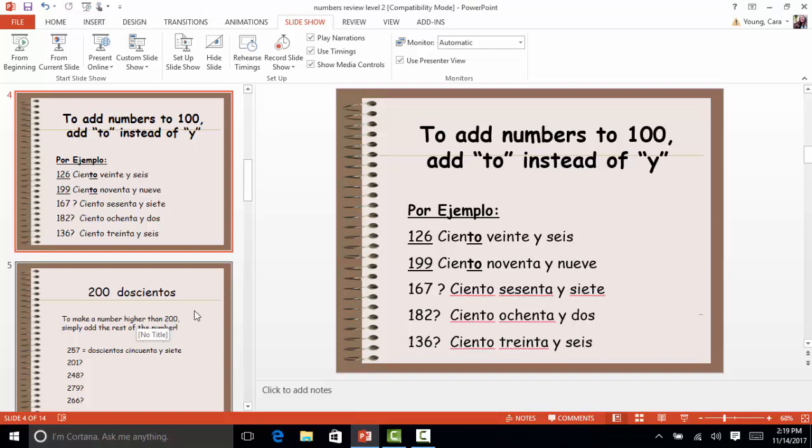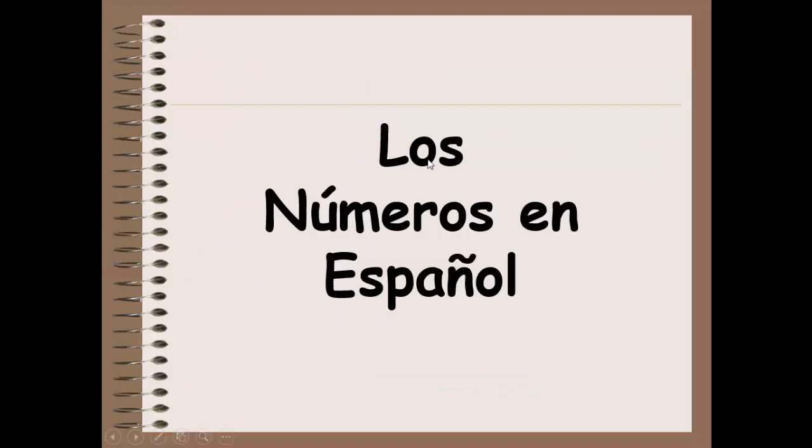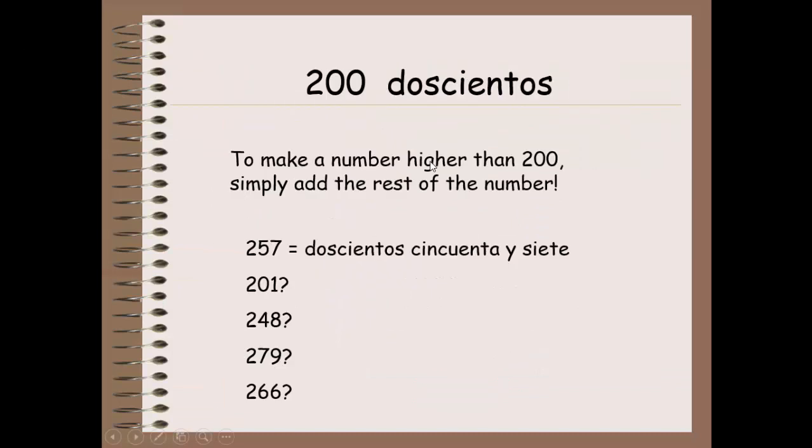Okay, and the same thing applies when you move to bigger numbers. So now we're just starting with 200 rather than 100. Okay, so to make a number higher than 200, you just have to add the rest of the number, just like you did before. So 257, instead of starting with ciento, I've added the word dos in front of ciento.